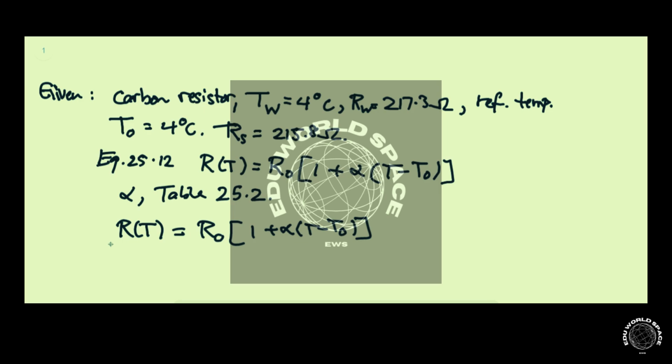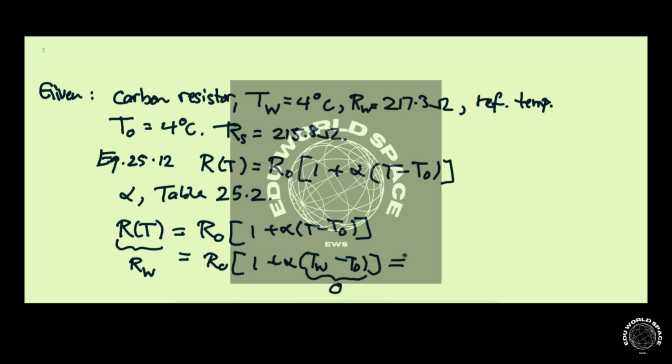At a particular temperature of 4 degrees Celsius, we have RW, which is equal to R naught times 1 plus alpha times TW minus T naught. But the reference temperature and TW are the same, so this difference is 0.